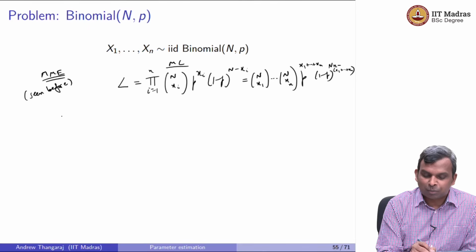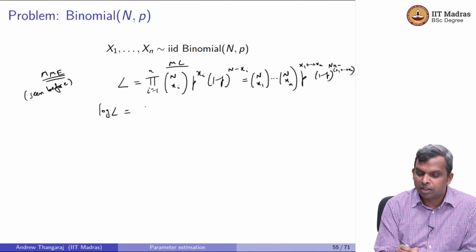You can take log now. Sometimes it's useful to take log like this and see how it works out.